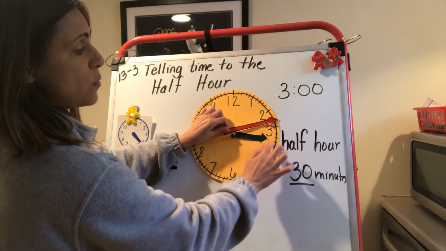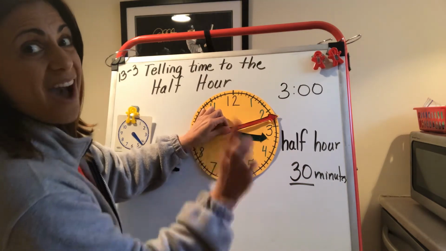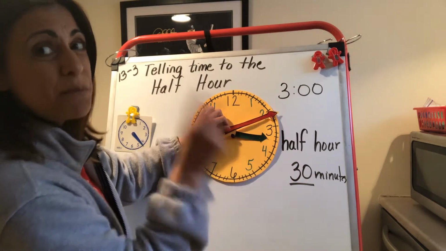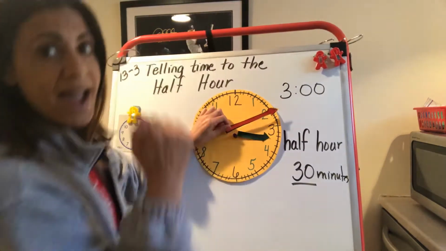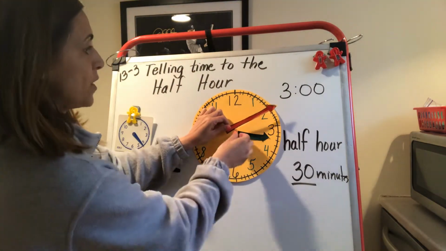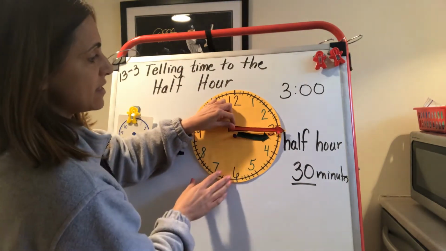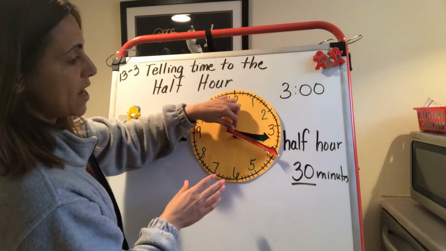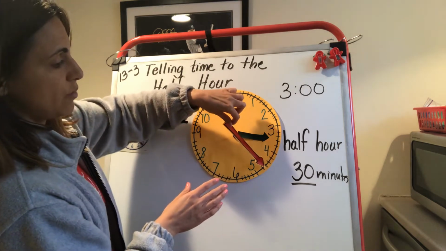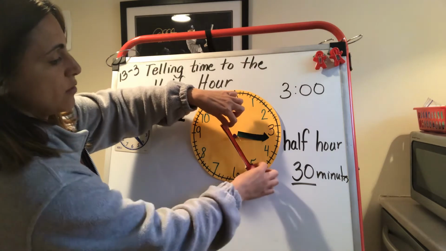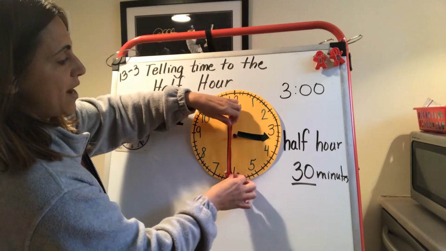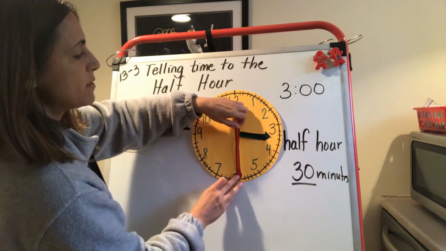It's going slowly to the next hour, not exactly on the 4, in between the 3 and the 4. Don't forget that, okay? So 15 minutes, 16, 17, up to 29, 30. Where is my minute hand now?